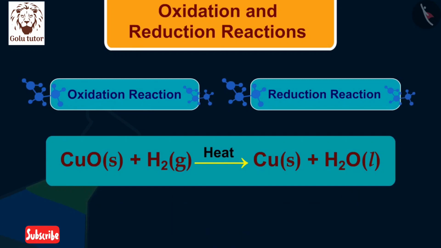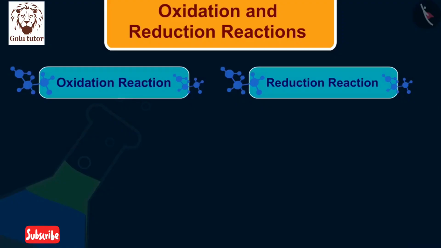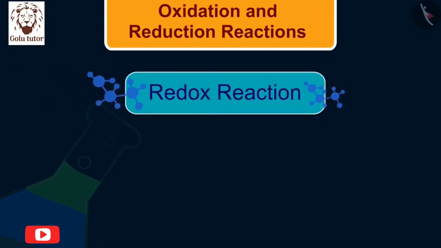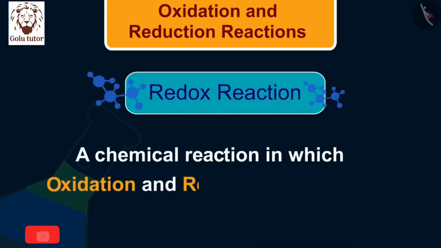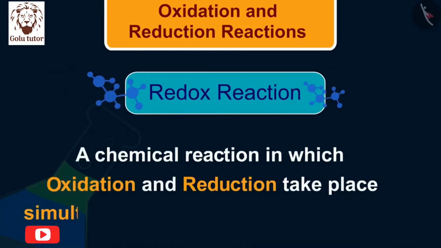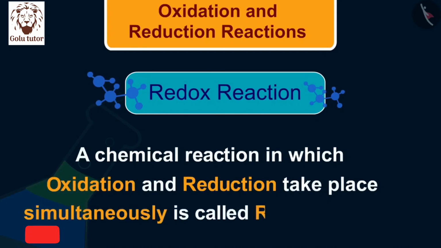In this way, oxidation and reduction are taking place in the same reaction. So students, what is the meaning of oxidation-reduction reaction or redox reaction? A chemical reaction in which oxidation and reduction take place simultaneously is called a redox reaction.